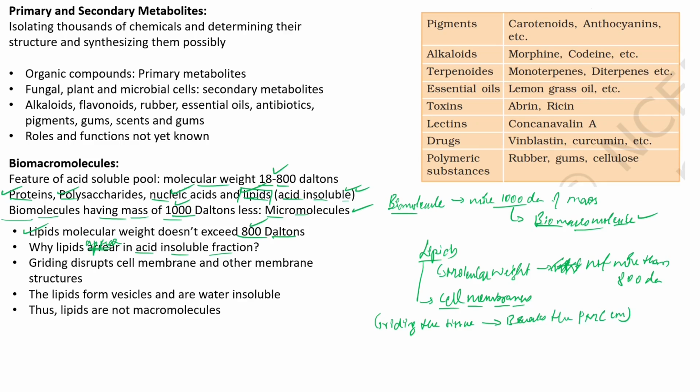As a result of the breaking of the plasma membrane, the lipids mainly present in the cell membrane form vesicles. Vesicles, as we know, are small bubble-like structures in the cell.